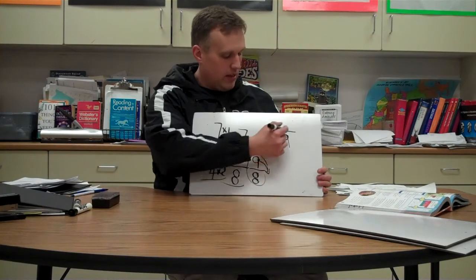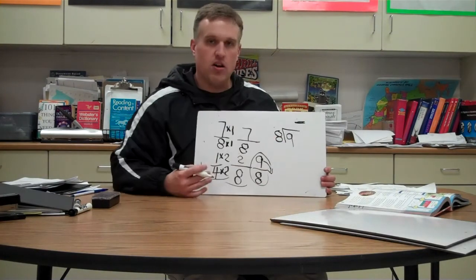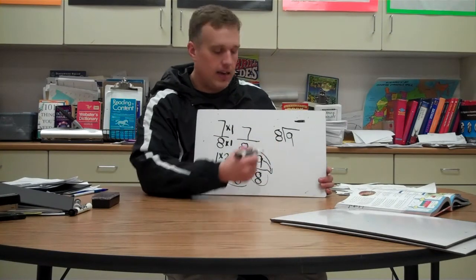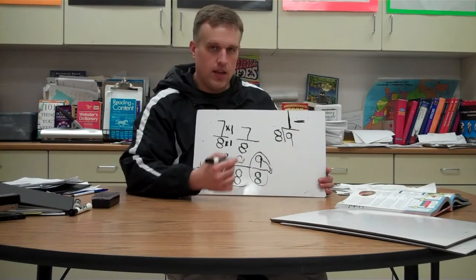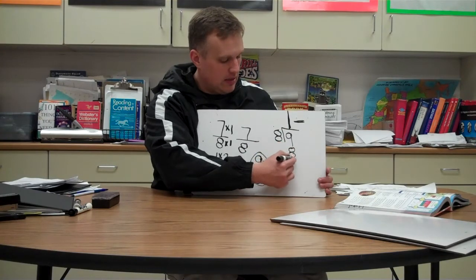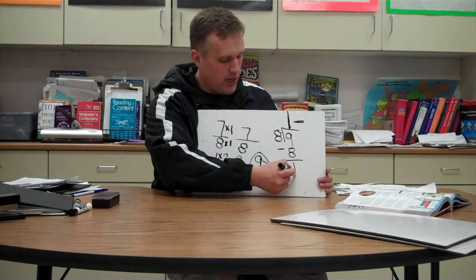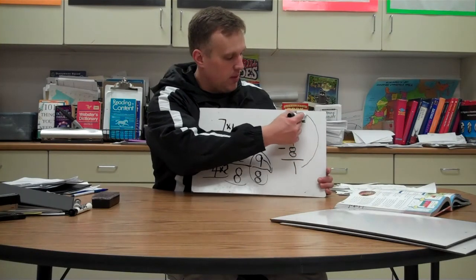So then I have this division problem. I like to go ahead and put my fraction bar in before I start. I ask myself, how many times can 8 go into 9? I know that can happen 1 time, so that's my whole number. I do my division. 1 times 8 is 8. And I subtract. 9 take away 8 is 1. This 1 becomes my numerator. So this comes up here.